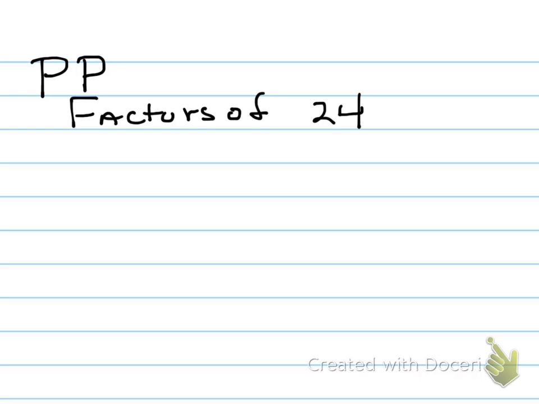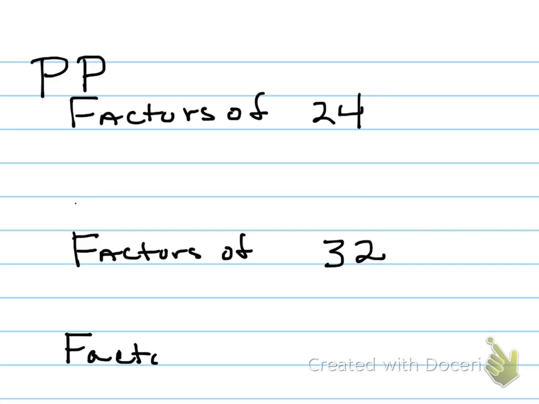You're going to then find the factors of 32, and then draw the models. And then our third practice problem will be to find the factors of 36, and then draw the model.